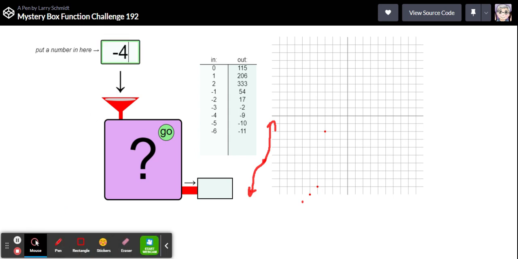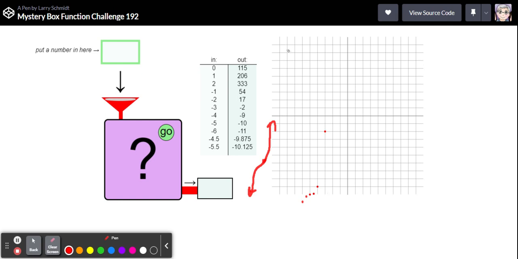-4.5. And -5.5. Oh, well, and we won't see that one, but that's just a smidge, an eighth under the 10, so that's going to be like right here. So you can see that definitely flattens out like a cubic would.